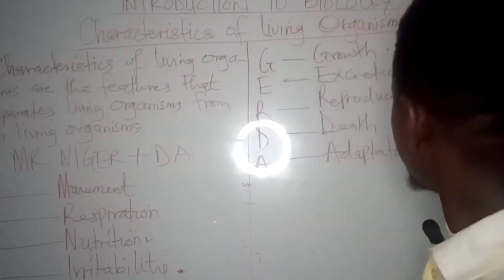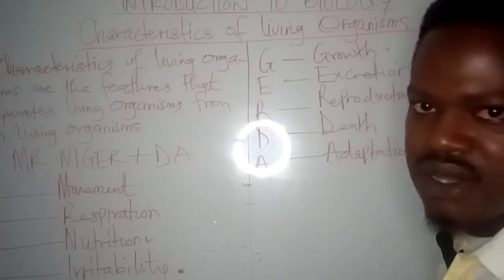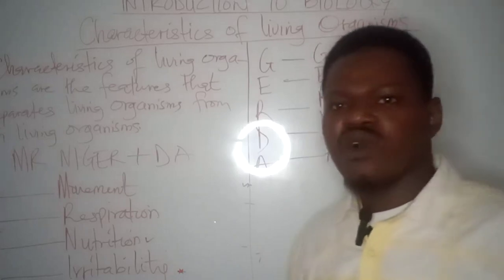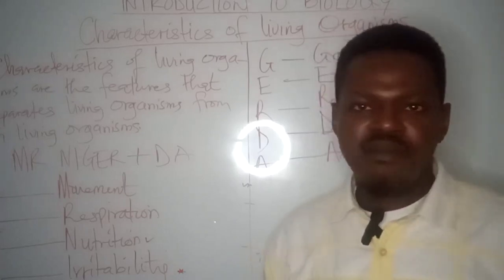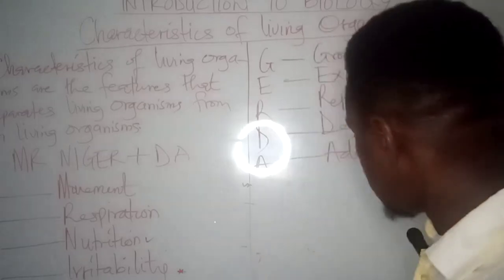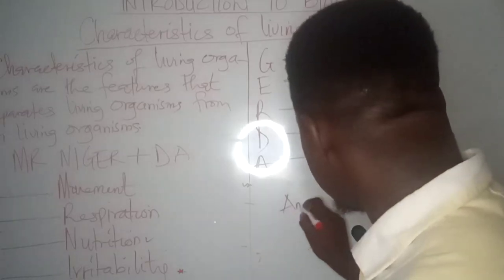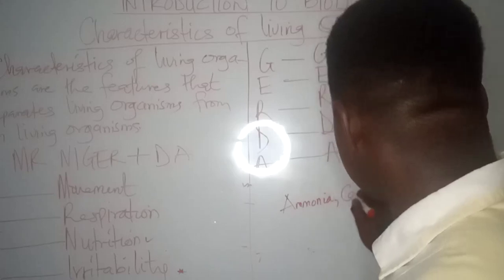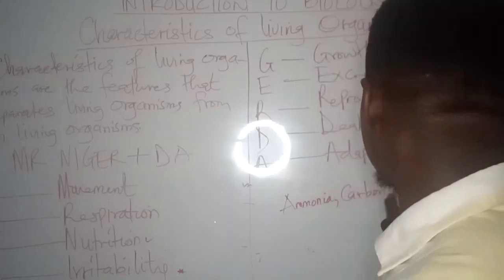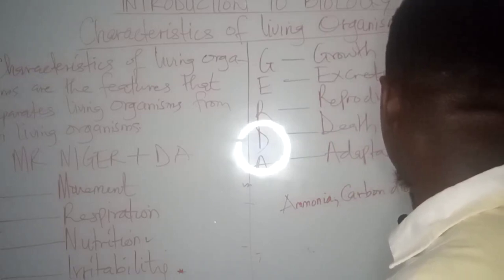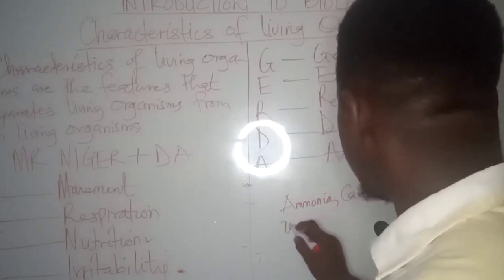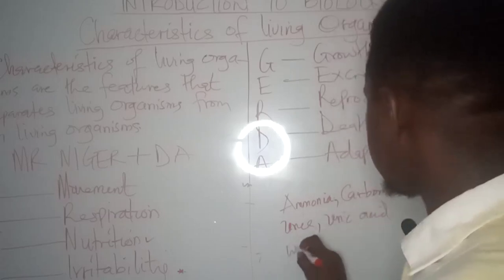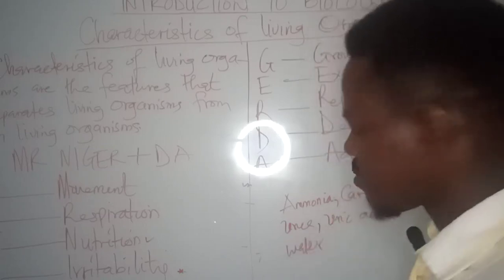Alright, excretion as the next feature of living organisms. Excretion here explains the removal of waste substances of metabolism. And this waste includes ammonia, carbon dioxide, urea, uric acid, and water.